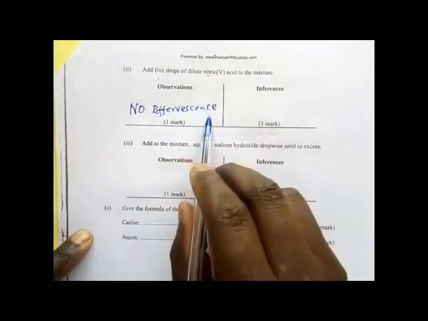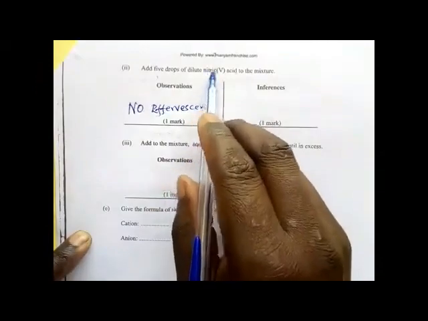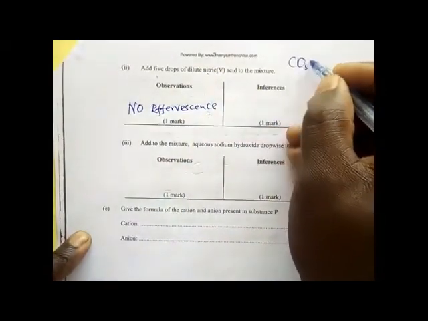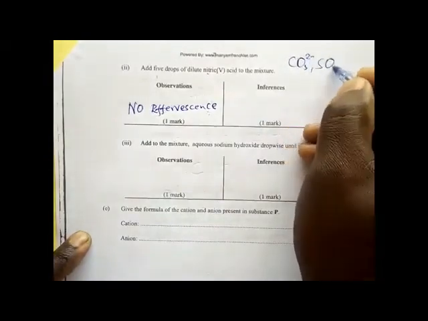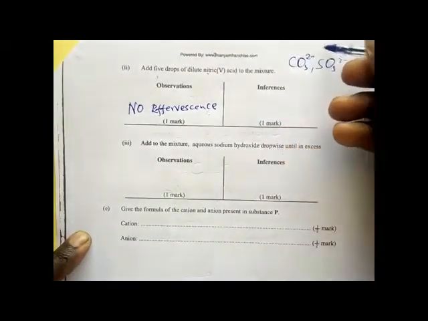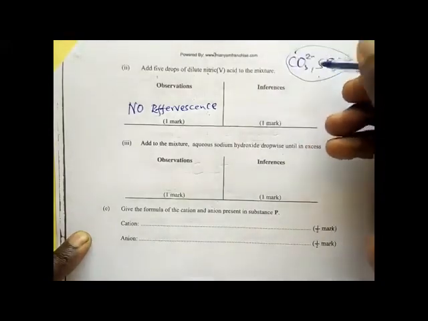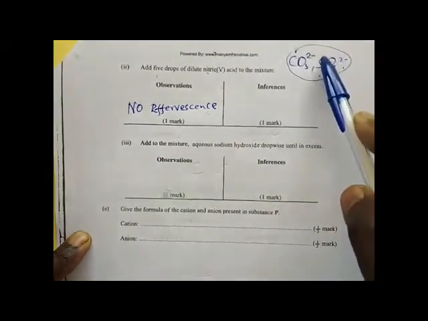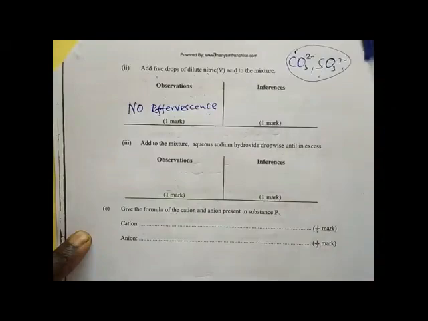If there is no effervescence when we add dilute nitric acid, then it means the carbonate and the sulfite are absent, because when you add an acid, they produce carbon dioxide, and sulfur dioxide, which produce effervescence.